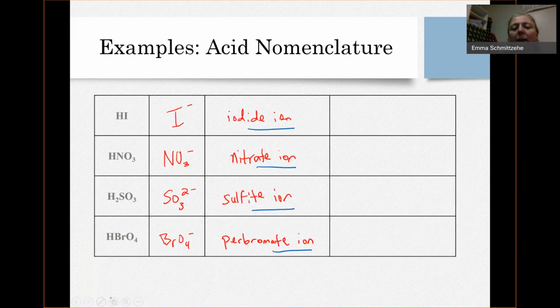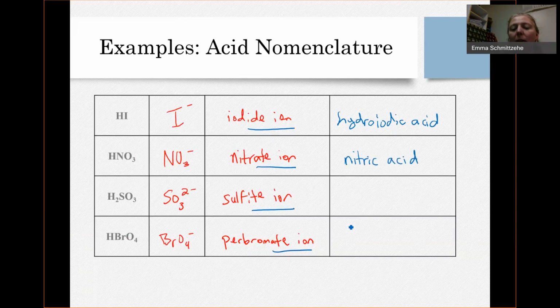If I have ide ion, remember that transitions to hydro and ic acid. So hydroiodic acid. And then the ate ending changes to ic, so that would be nitric acid.